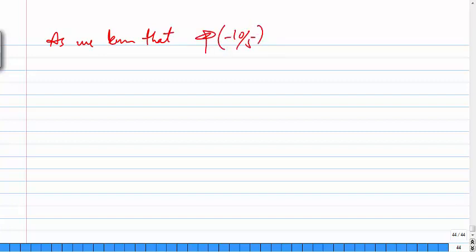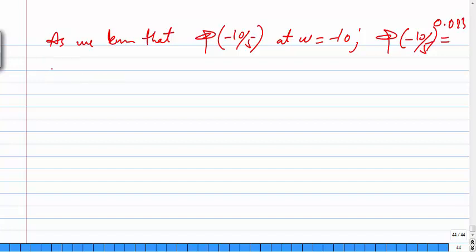Now we move to the next one. As we know, phi of minus 10 divided by 5, at w equal to minus 10, is equal to 0.023.